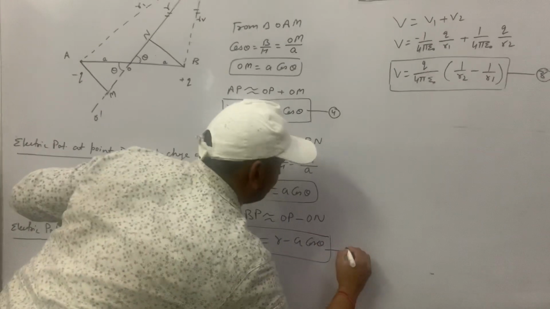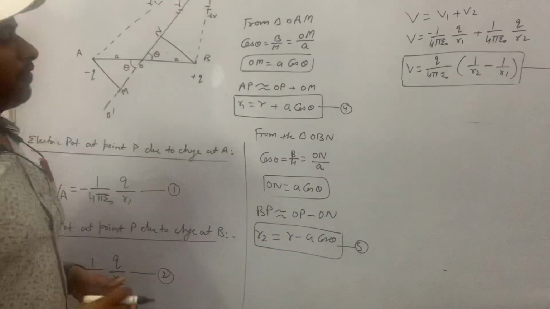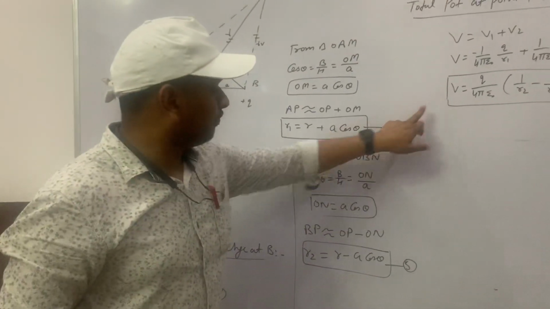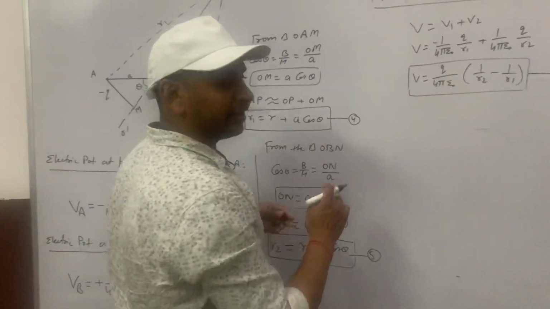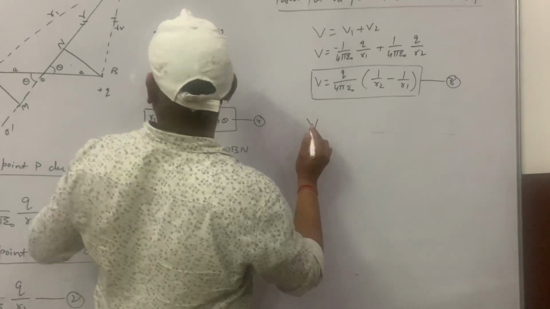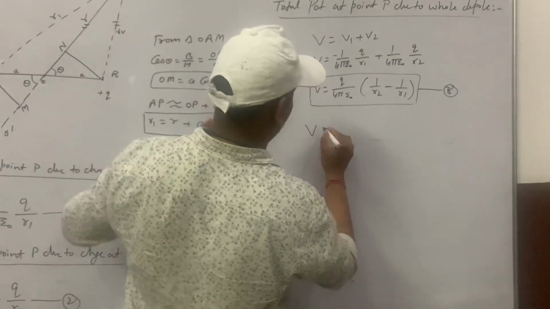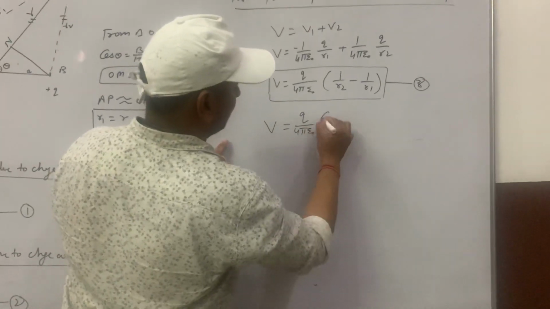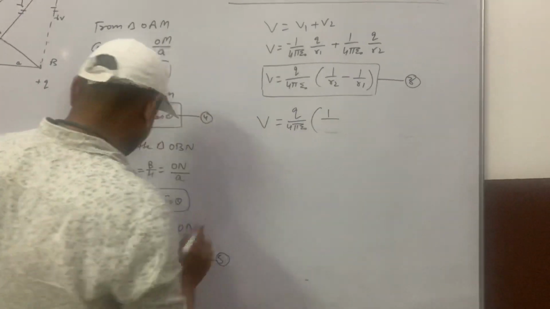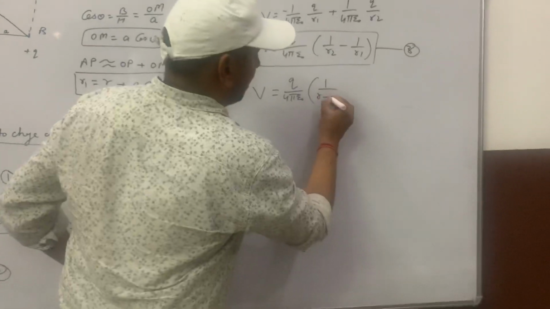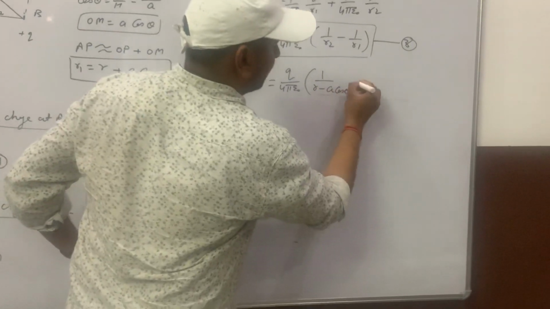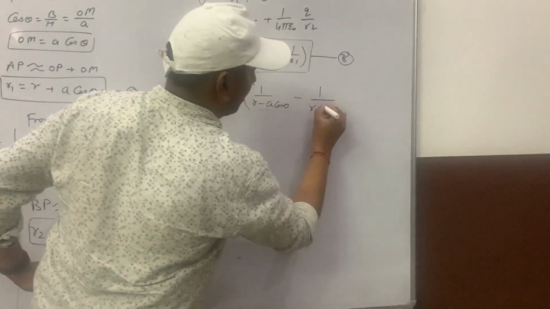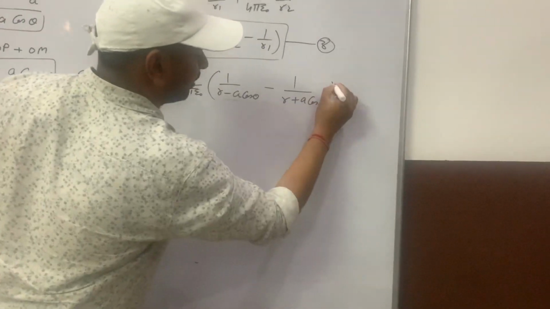This result is fifth. And now from equations third, fourth and fifth, we can calculate the net potential of the dipole at point P, which is equal to q over 4 pi epsilon naught times 1 over r minus A cos theta minus 1 over r plus A cos theta.